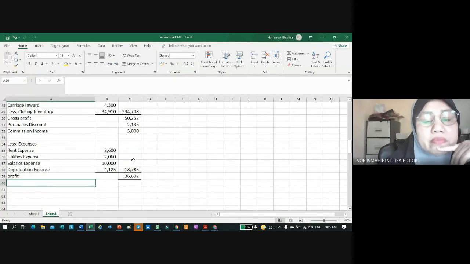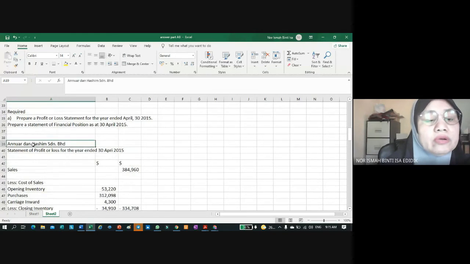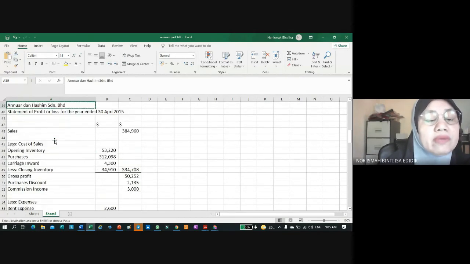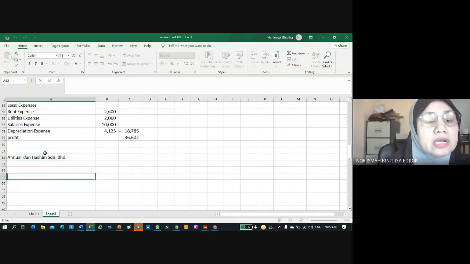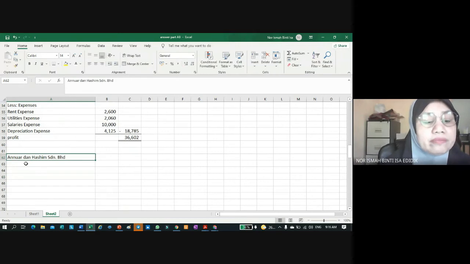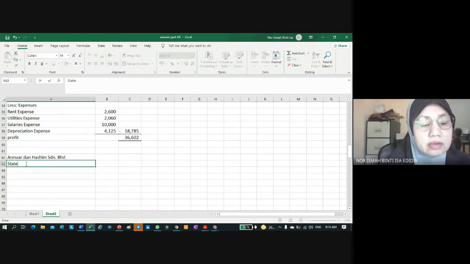Boleh ya? And now we are going to do statement of financial position. Kalau ada nak tanya ya. So kita akan do statement of financial position, year ended April 2015.